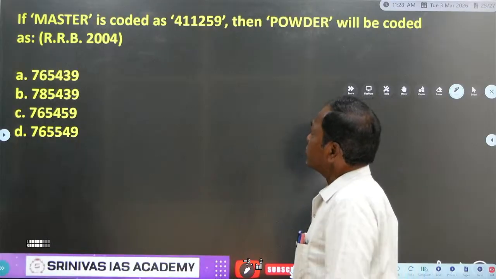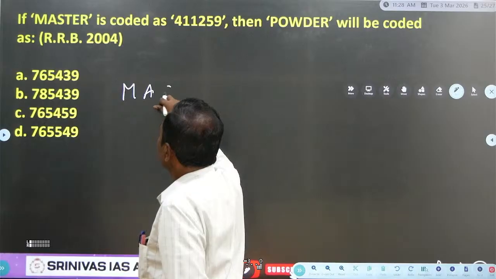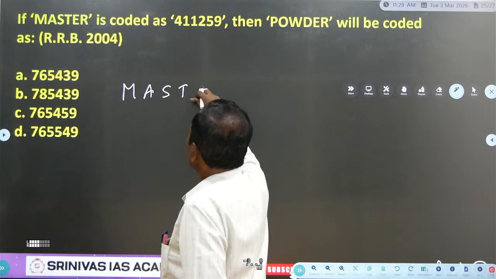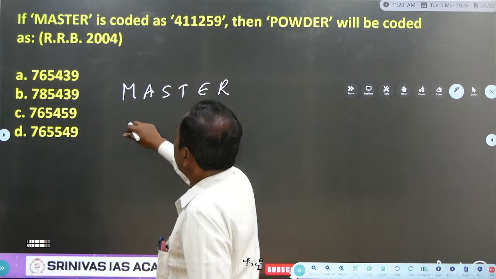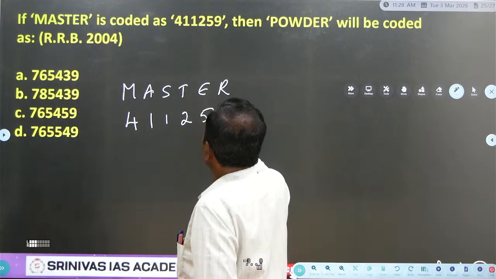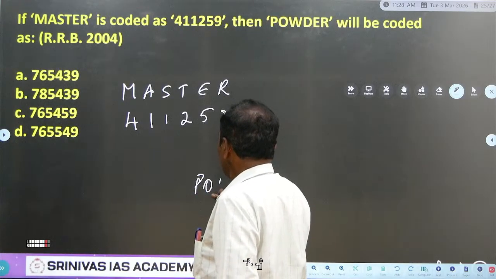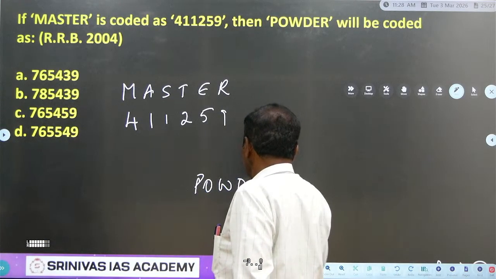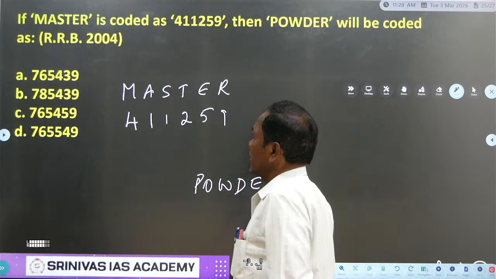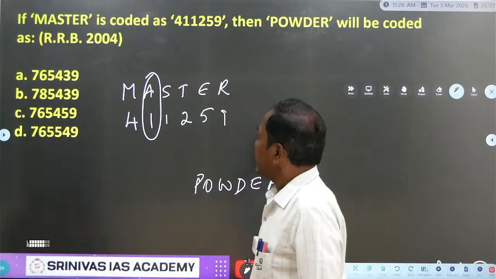Next, mustard is coded as 411259. How can powder be coded? See, this is the first letter, A is 1.